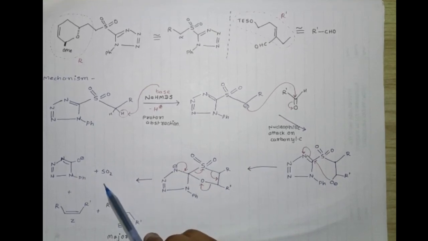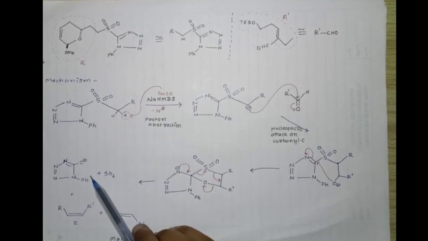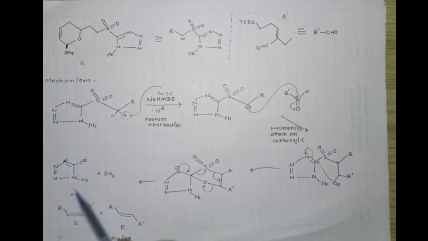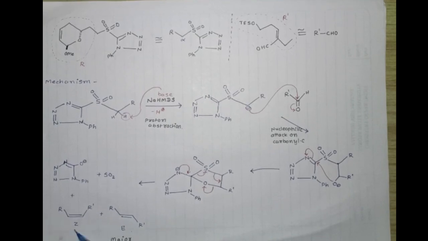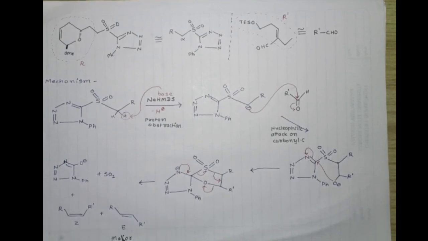So we are getting SO2, this tetrazole ring here, and our product of this reaction, which is Z alkene and E alkene, but we know that only one product will be the major product. So due to steric hindrance of both R groups, R and R dash, we are getting E as our major product in this reaction.